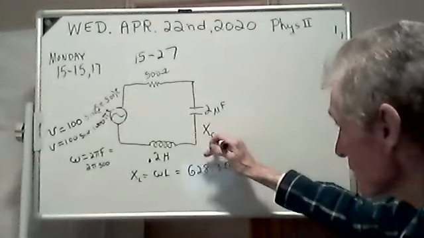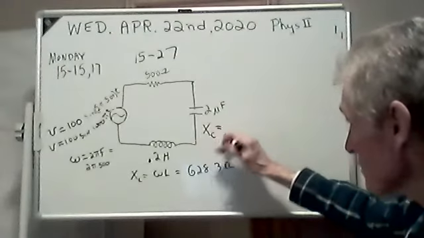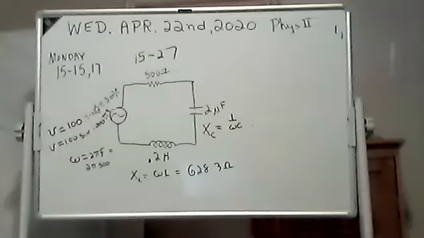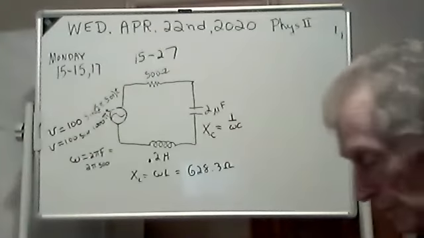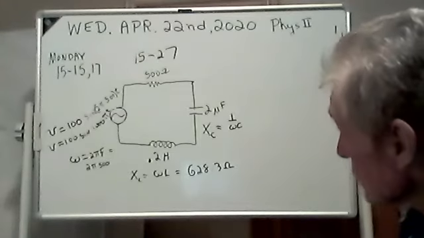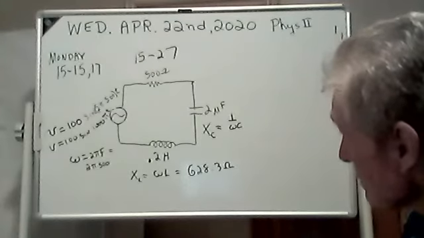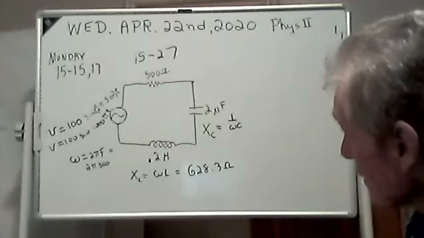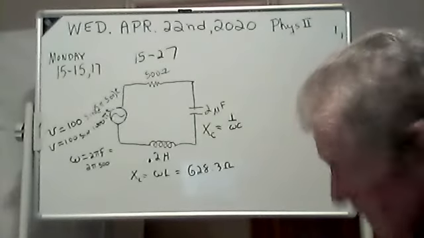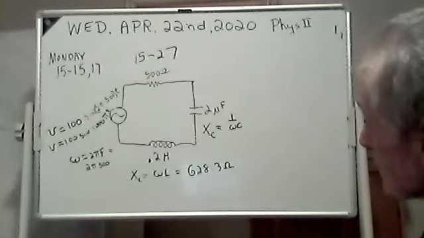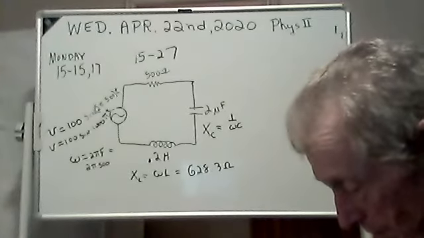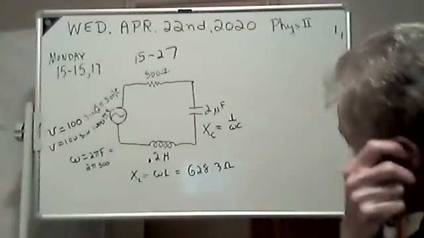Now we're going to do the capacitive reactance. That needs to be a C. There we go. Now the equation for that is 1 over omega C. We showed you how that came about. Okay. Well, omega is 1,000 pi. But what's C? 2 microfarads. But you have to take the reciprocal.